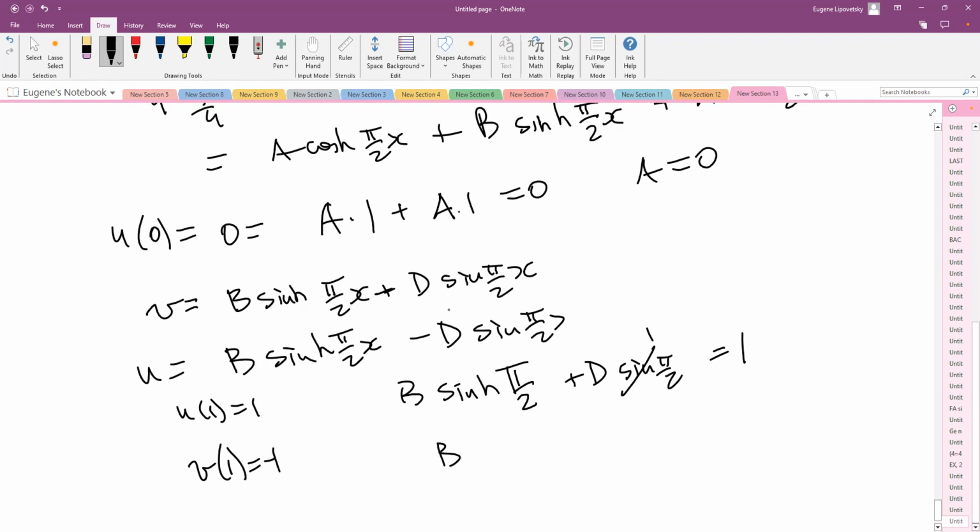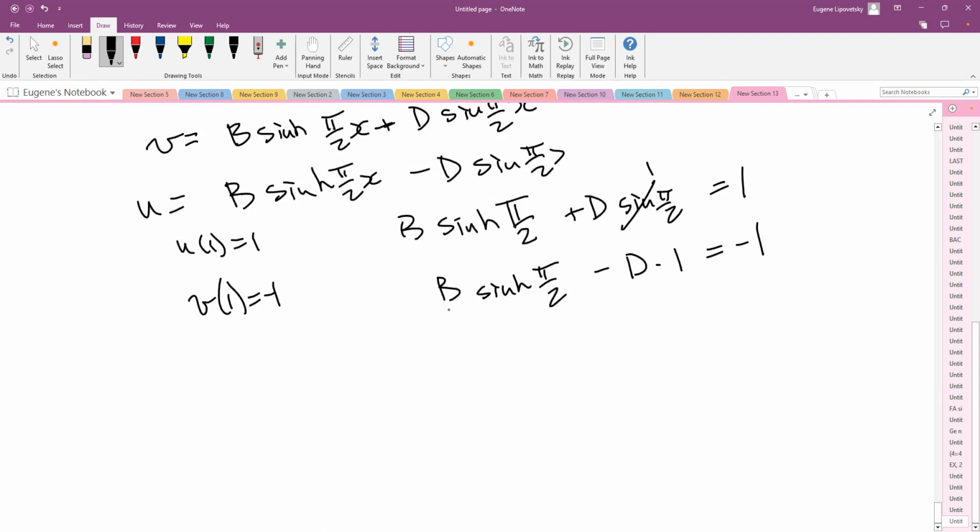That means b sinh of pi over 2 minus d times 1 equals minus 1. So if we subtract these two, we'll get that 2d equals 2.